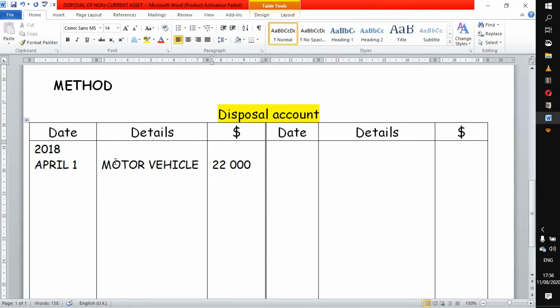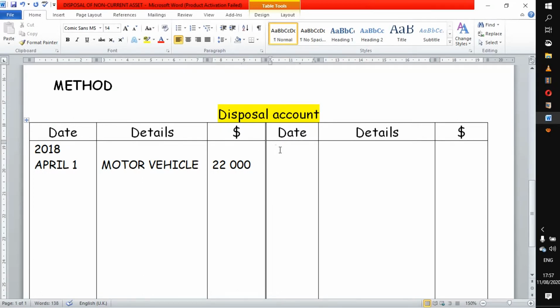What this transaction means is that we have credited the motor vehicle account and debited the disposal account, to transfer this motor vehicle from its account of motor vehicles to this account for the disposal, so that we are able to calculate whether we made a profit or a loss on disposal. So this is what happened.